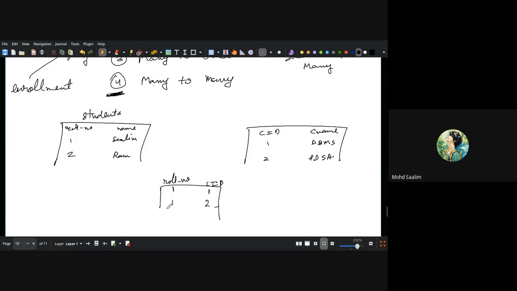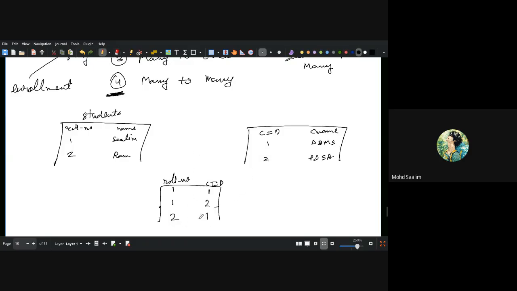Make sense? Then student 2, Ram, took only DBMS this term. So the relationship will be 2 comma 1. Ram is related to DBMS. So the second roll number is associated with the first CID. Got it?